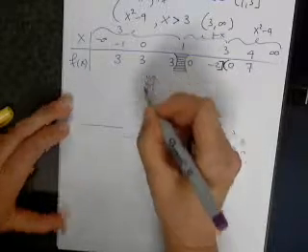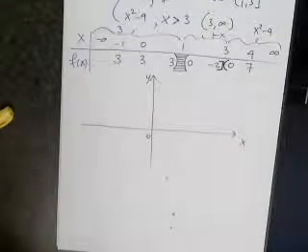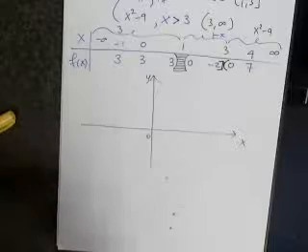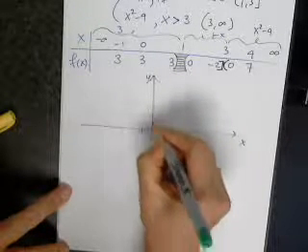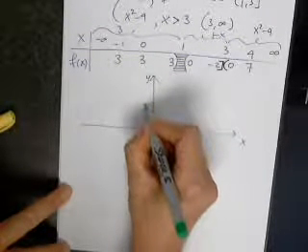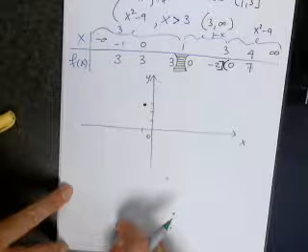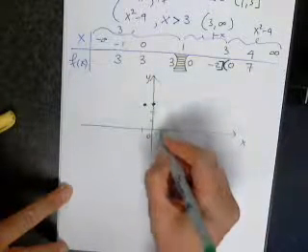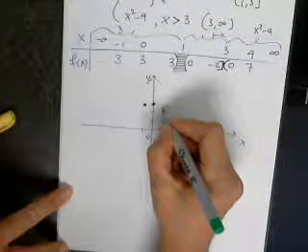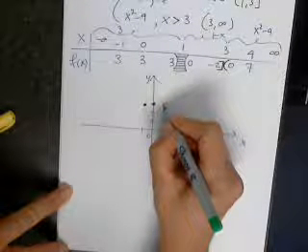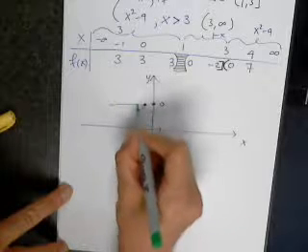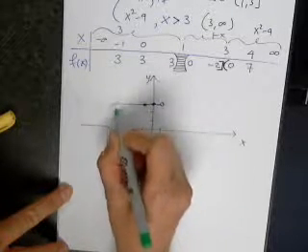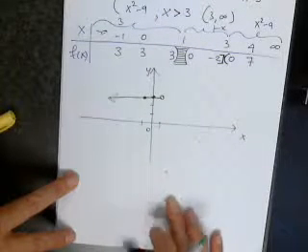Can anyone give us the first ordered pair? Perfect. Next ordered pair. Perfect. And finally, what type? Perfect. Now 1, 0.